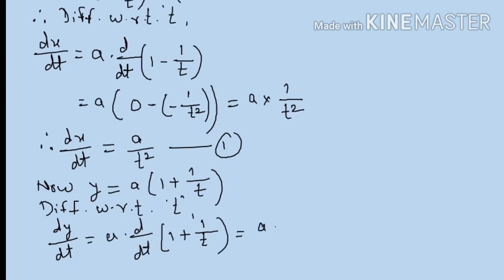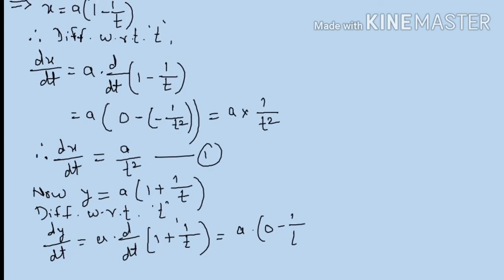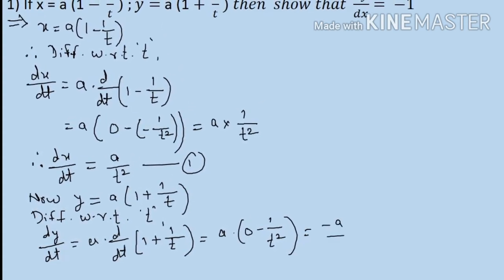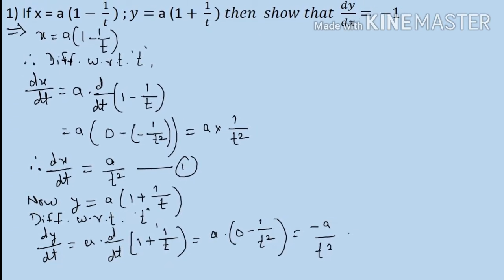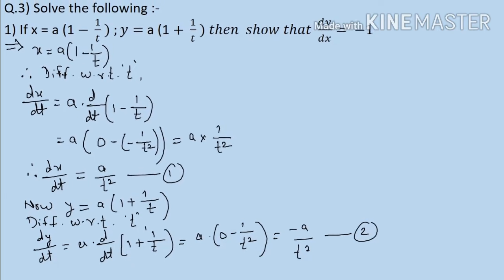So a into derivative of 1 is 0 and 1 upon t is minus 1 upon t square. So you get minus of a upon t square. This is second equation. Now let us find dy by dx.